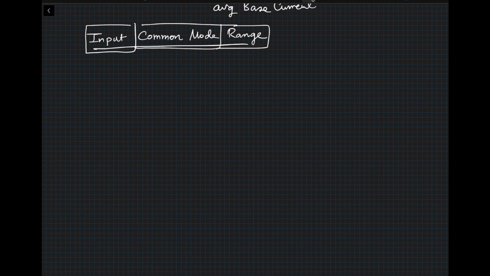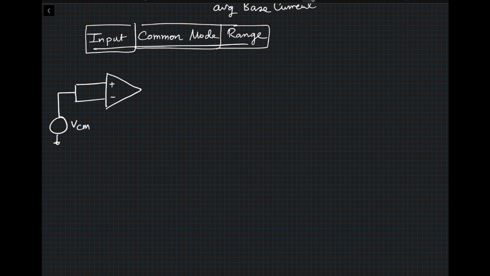So how do we dissect this? Basically, it's the range of input common mode voltage of an op-amp for which all the devices are staying in saturation for MOSFETs or in the active region for BJTs. So let's say we have an op-amp like this, plus minus. Then we would short the two inputs and apply some voltage VCM.